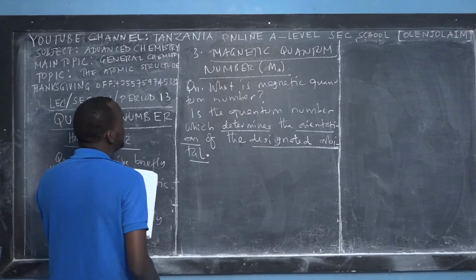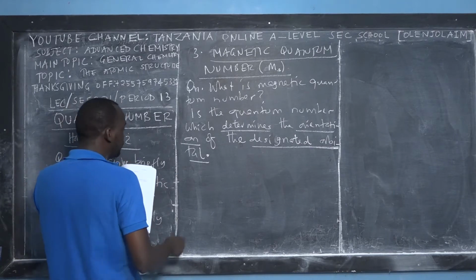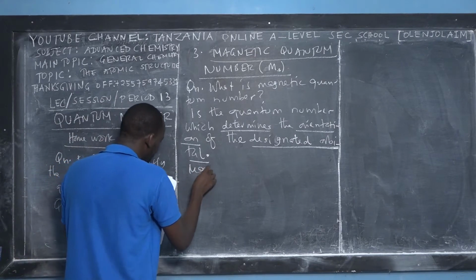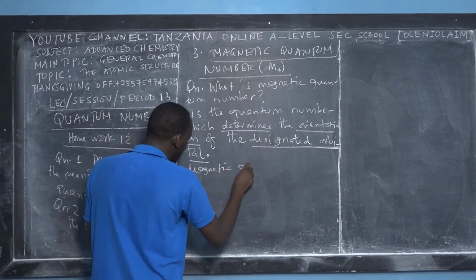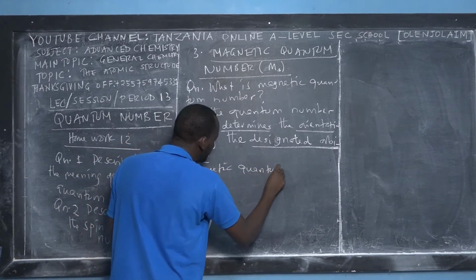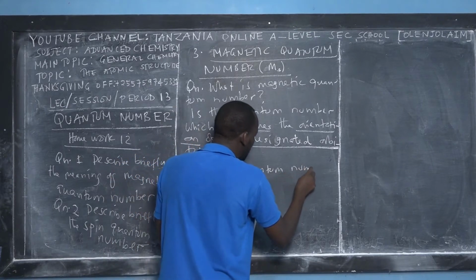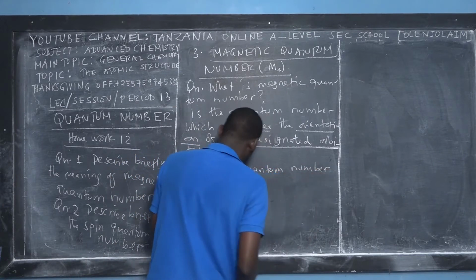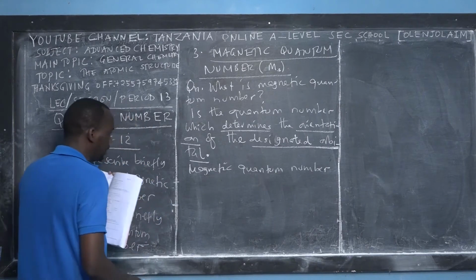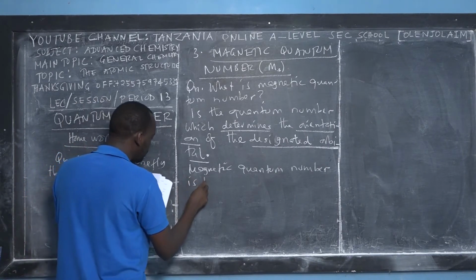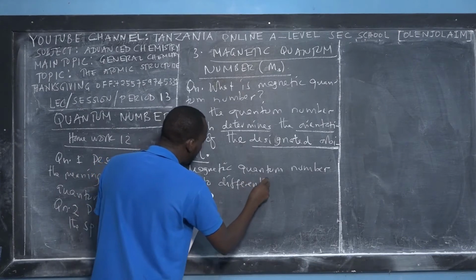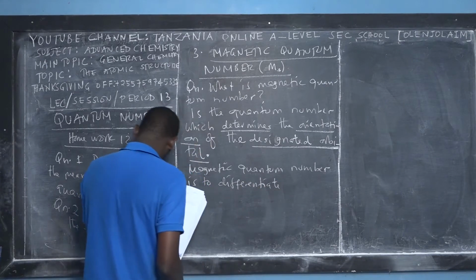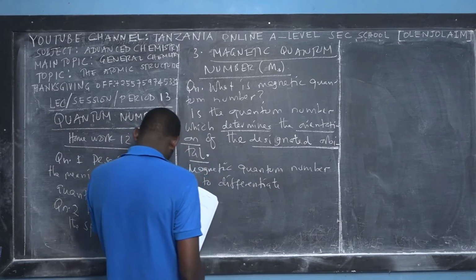So we say that the magnetic quantum number is first of all used to differentiate orbitals.